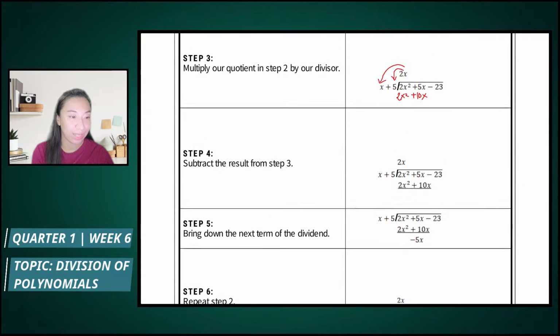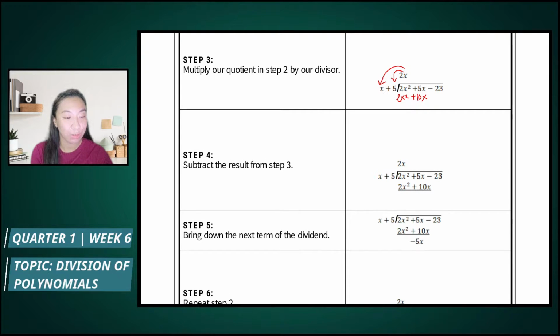Let's proceed with step number 4. Subtract the result from step number 3. The rule in subtraction is that we change the sign of the subtrahend. So our 2x squared will become negative, and our positive 10x will be negative 10x.